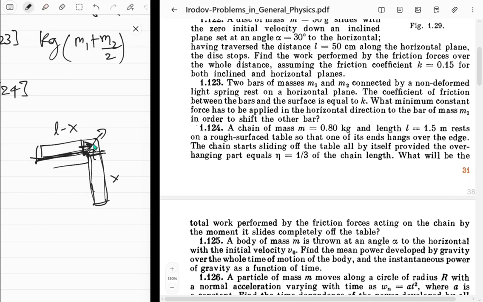This part's velocity is increasing and everything. To actually figure out the friction, we have to figure out the normal force at every moment. But how do we do that?